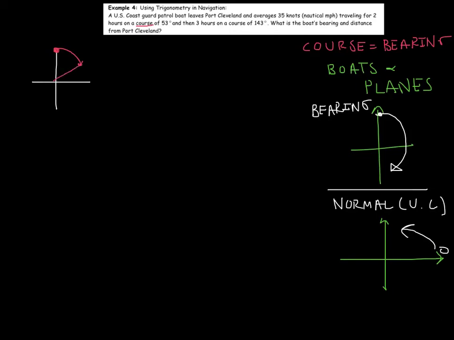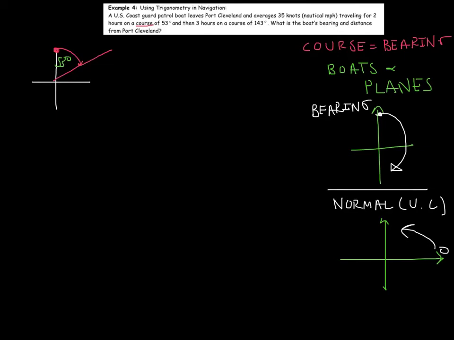So the boat is traveling in that direction. Okay? So maybe we're right here. This is 53 degrees right there. All right? And it's going in this direction at 35 miles per hour. That's the speed. And so we'll talk about how to convert that in just a moment.